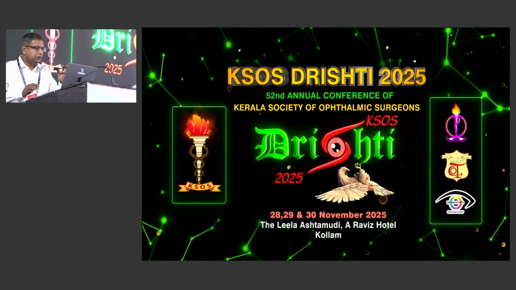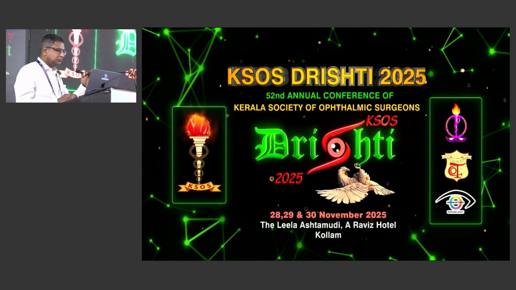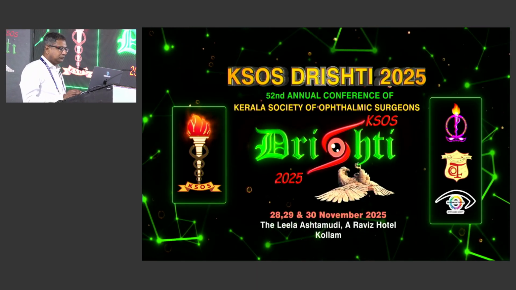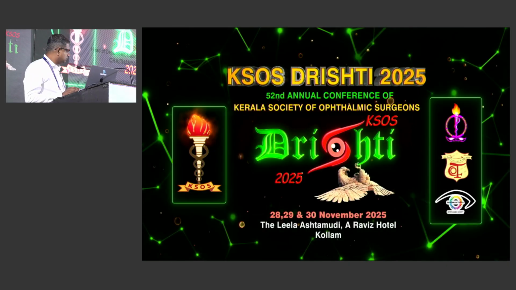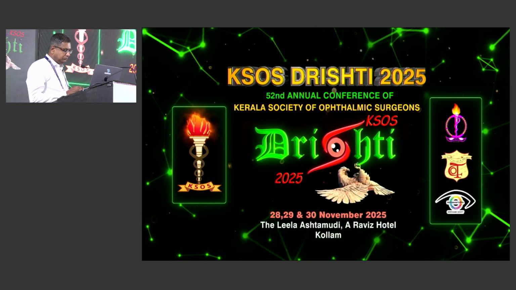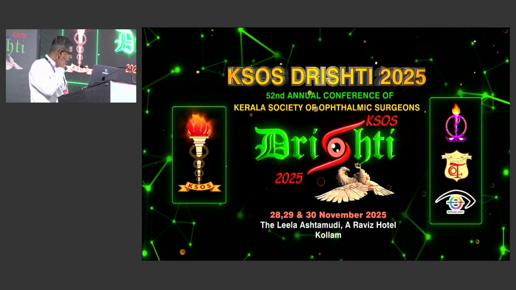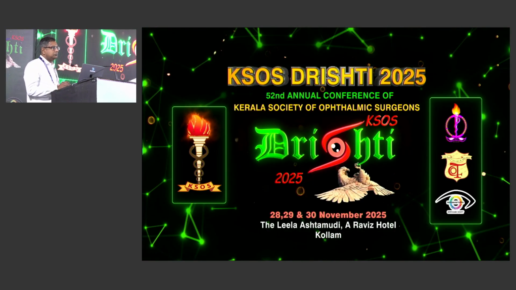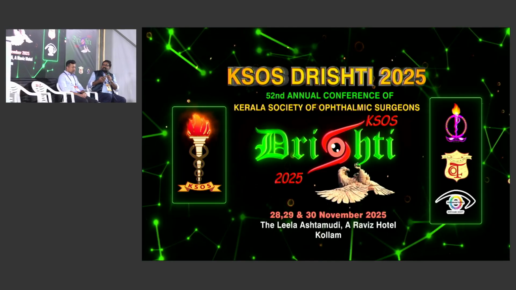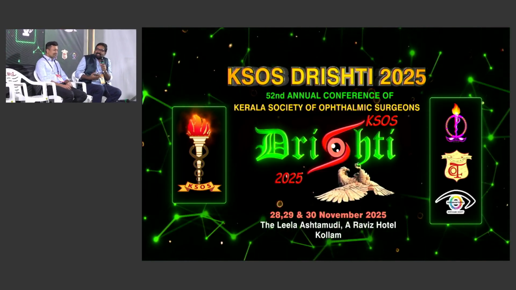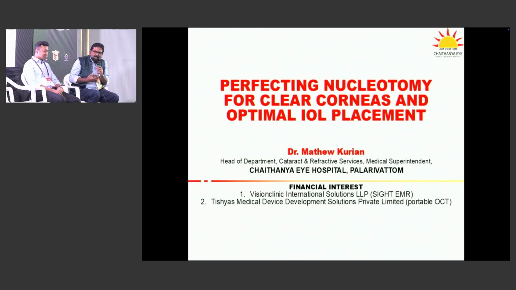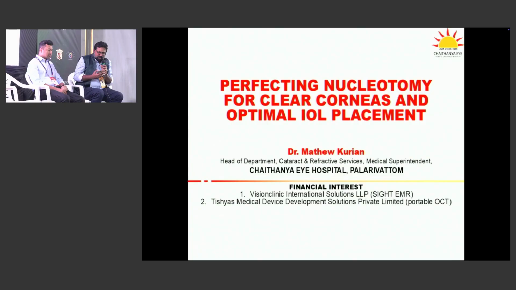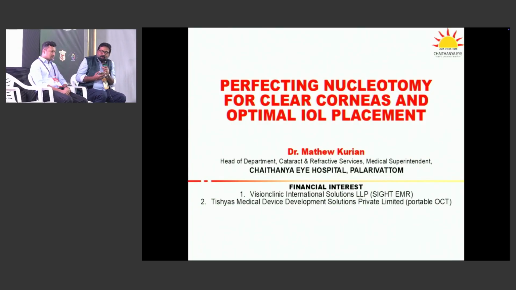As we know, in the era of refractive cataract surgery, it is very important to avoid residual errors, and nucleotomy is very important in that. Dr. Matthew Kurian is a very senior and accomplished cataract surgeon, and he is the medical superintendent of Chaitanya Eye Hospital, Palariyottam. Over to you, Dr. Matthew.